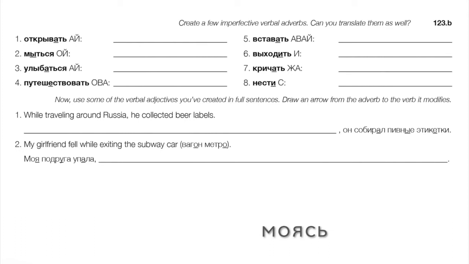That would be моясь. Number three, улыбаться. Okay, while smiling. Улыбаются. Our deverbal will be улыбаясь. Четыре, путешествовать. Third plural, путешествуют, right? Путешествуя is our verbal adverb.